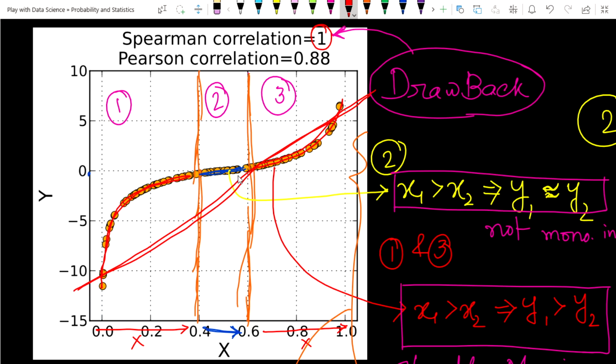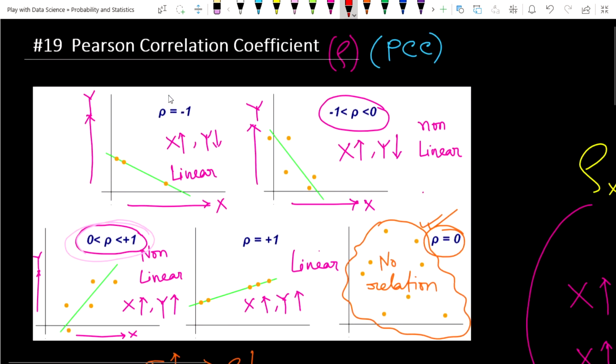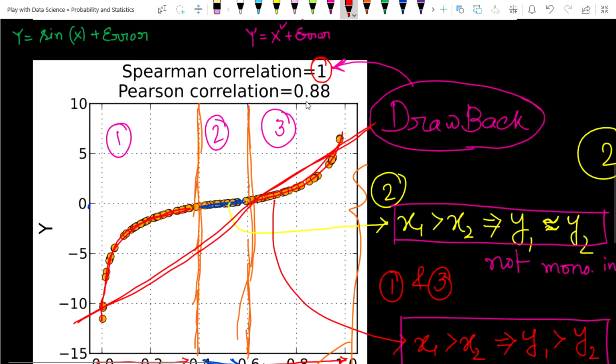So this is the main drawback for the Pearson correlation coefficient. The Spearman value is 1, but the Pearson correlation coefficient gives the value 0.88. A Pearson coefficient of 0.88 means it does not lie on a line.